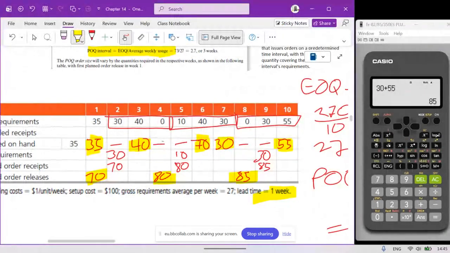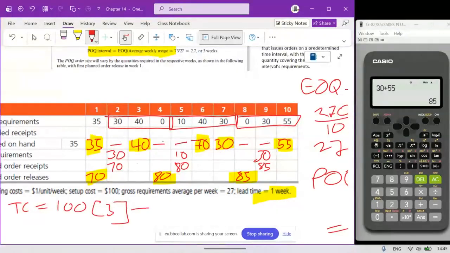We have 100 total cost. 100 multiplied by 3, which is where setup cost has gone down.